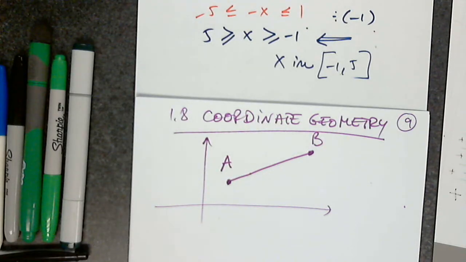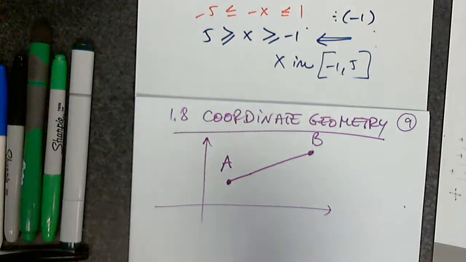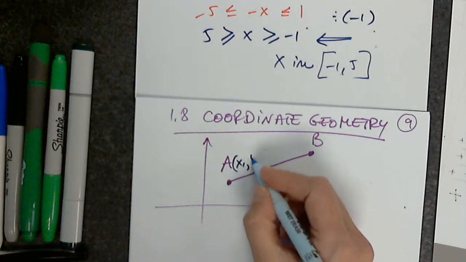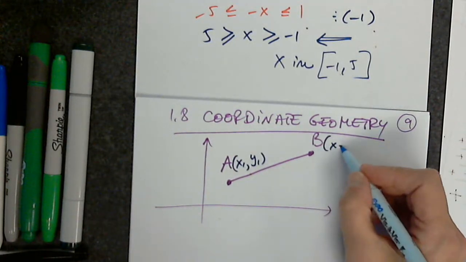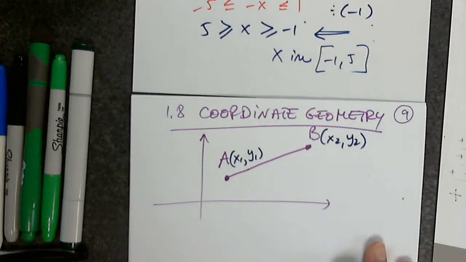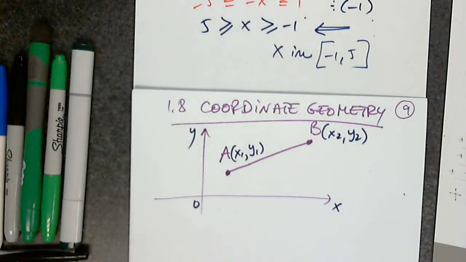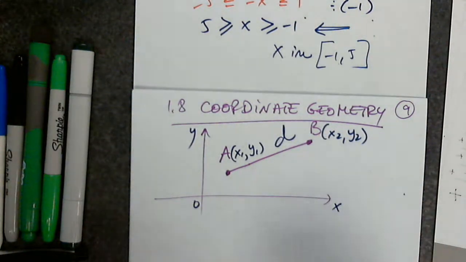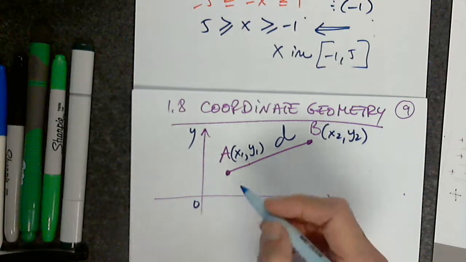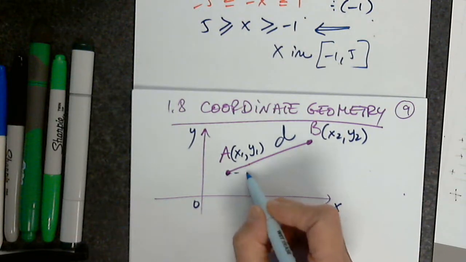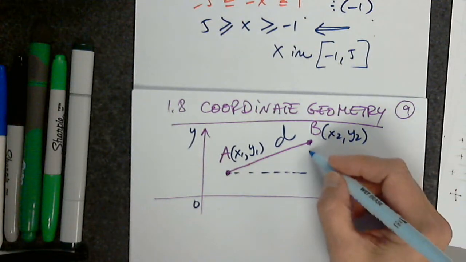Since A is my first point, I'm going to have coordinates x1, y1, and x2, y2. I would like to determine the distance between A and B. I'm going to call it lowercase d. And I will form a right triangle.